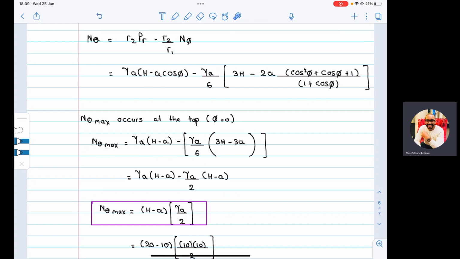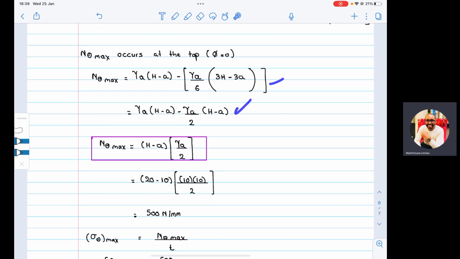If you simplify further, taking out H minus A as a common factor, you end up with gamma A minus gamma A over 2, which is gamma A over 2. Hence we have our final equation for N theta max, the hoop stress at its maximum point.